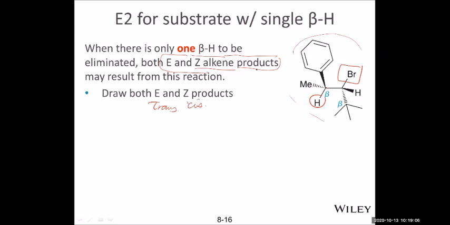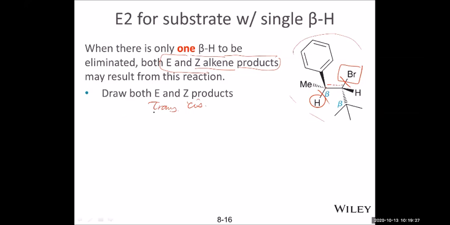And so with this bromine as the leaving group and this hydrogen leaving at the same time, we form a double bond here. So this bond will break and form a double bond. We'll leave E and Z for later.